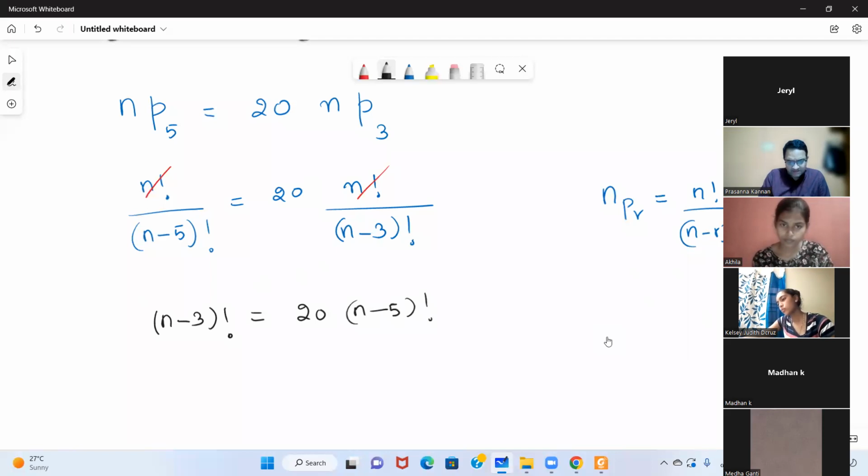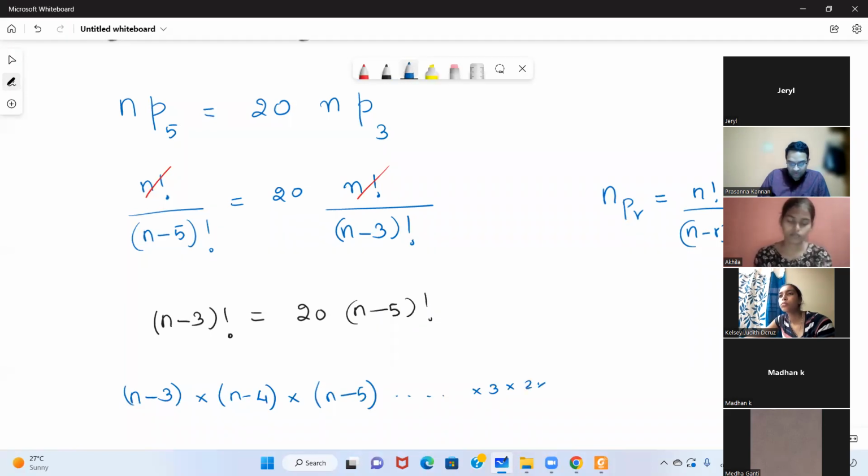Tell me if I can write n minus 3 factorial as n minus 3 into n minus 4 into n minus 5 into n minus 6, etc., 3 into 2 into 1. Do you agree?